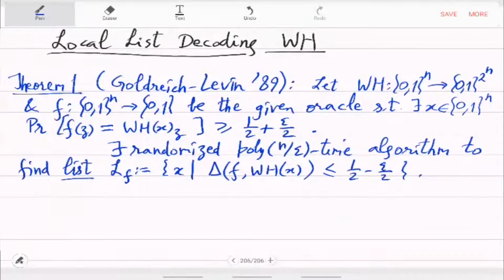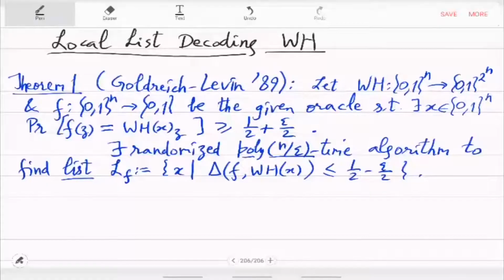Notice that here we are actually outputting all the x's and full x's, not just the jth bit, simply because x is so small that in polynomial in n time you can as well output all the bits. There are only n bits to output, right, for an x. So that's what the algorithm will do.